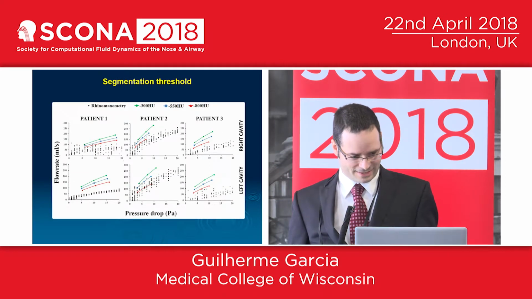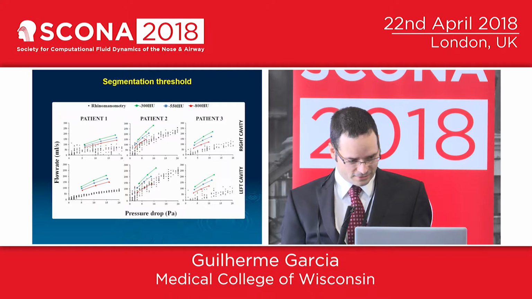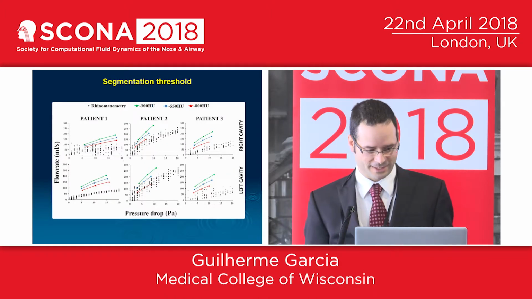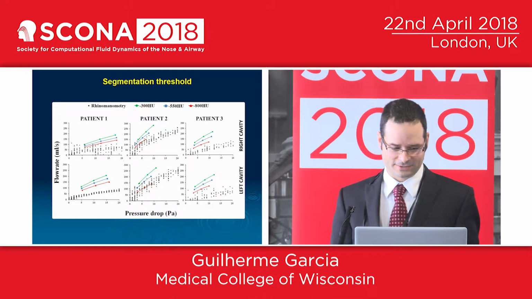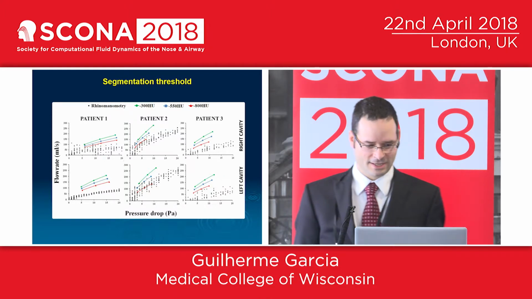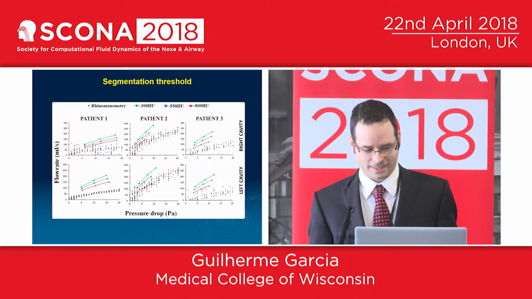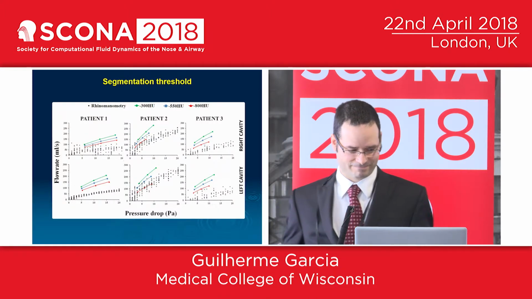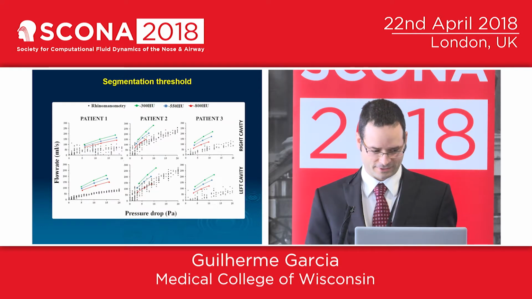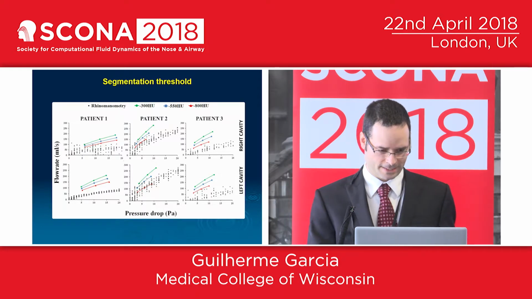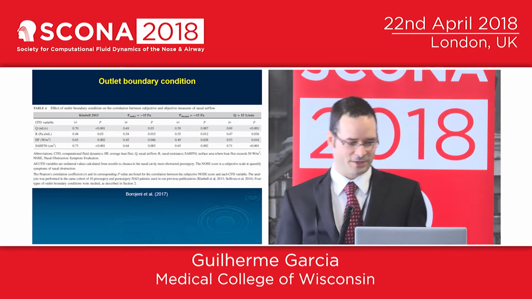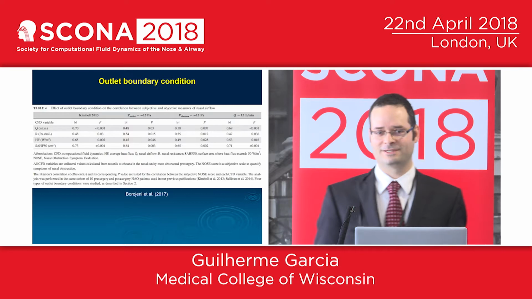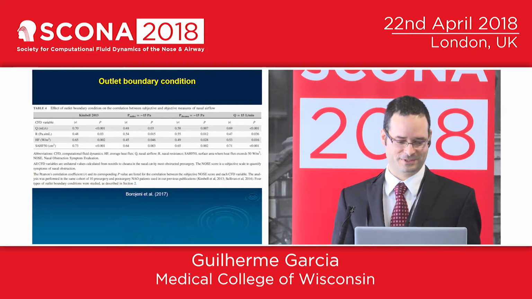And you can see that comparing to CFD models created with the minus 300, minus 550, and minus 800 Hounsfield units, the segmentation threshold can lead to very different nasal resistances or pressure flow curves.